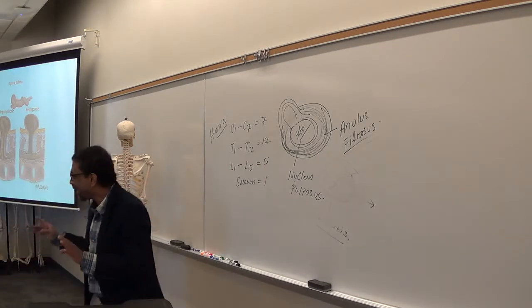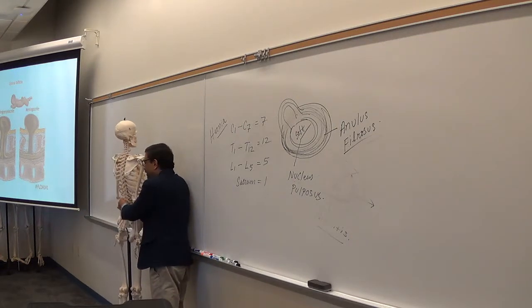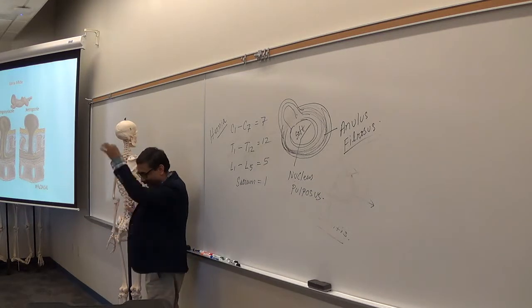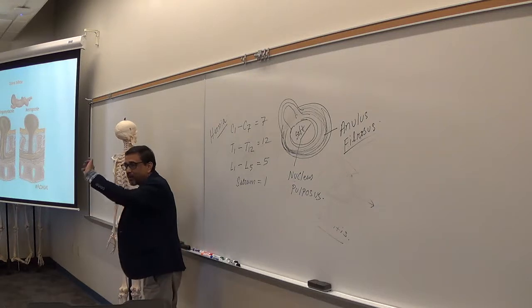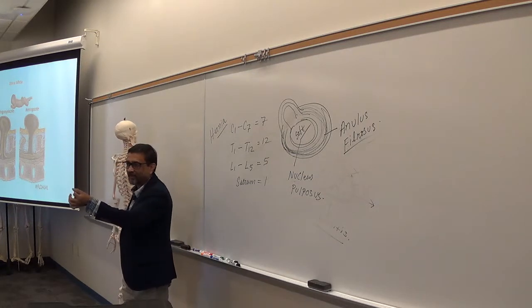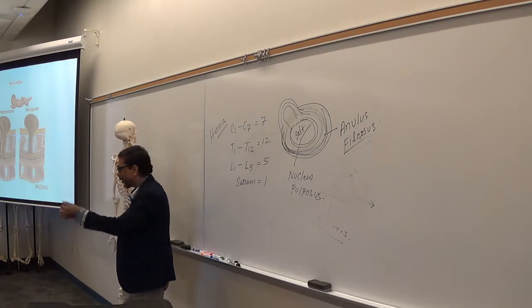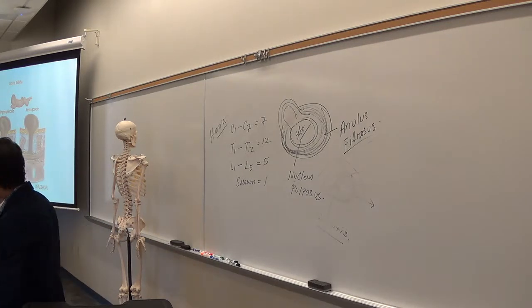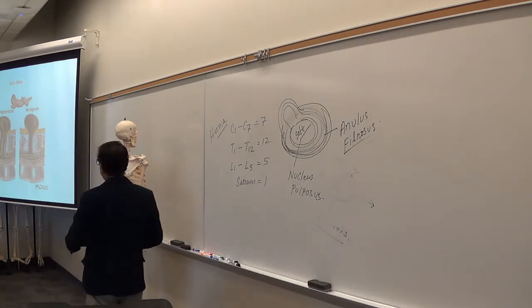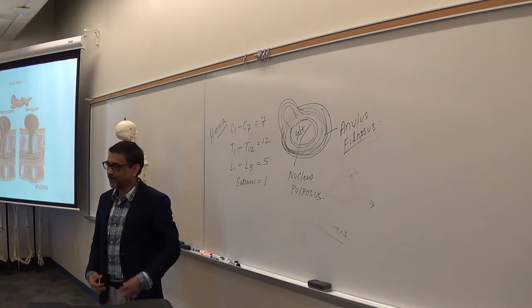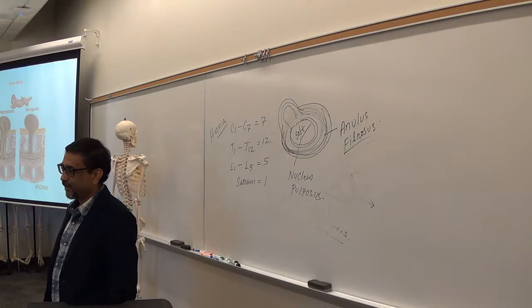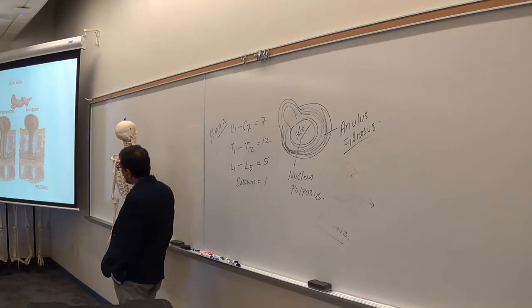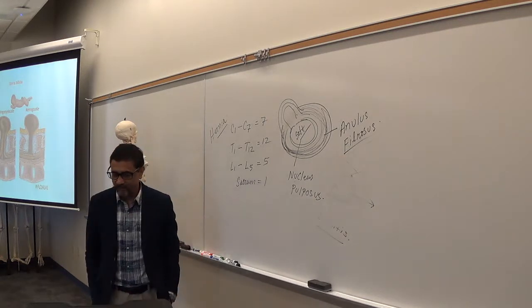The covering coming out is not that dangerous because the spinal cord is still inside. But if the spinal cord also comes out, that is more problematic. So the spinal cord should not come out from the vertebral column. So there are two conditions. One is called meningomyelocele, which is more complicated because the spinal cord also comes out through that gap. And meningocele is when only the covering comes out, which can be fixed more easily.